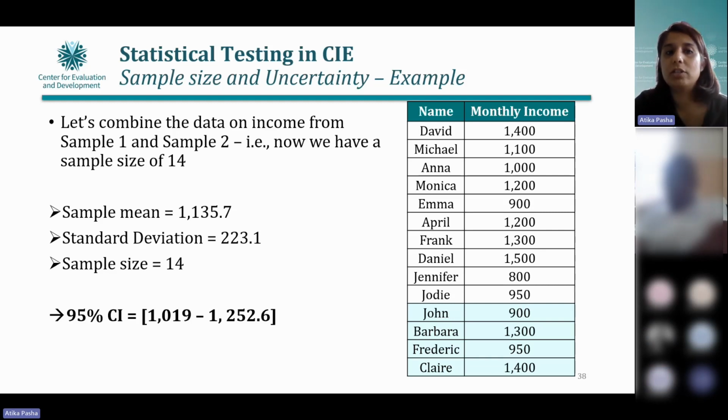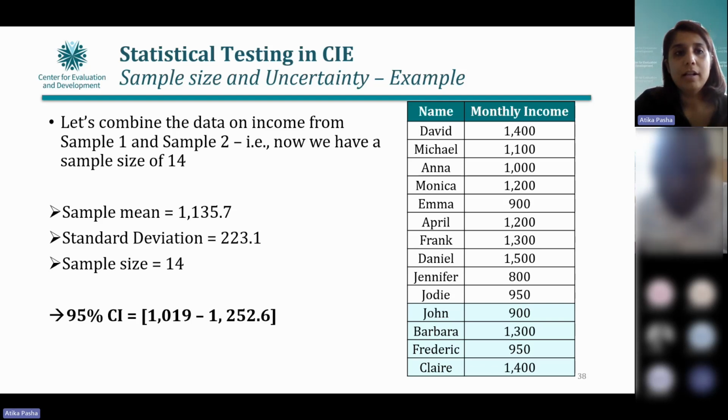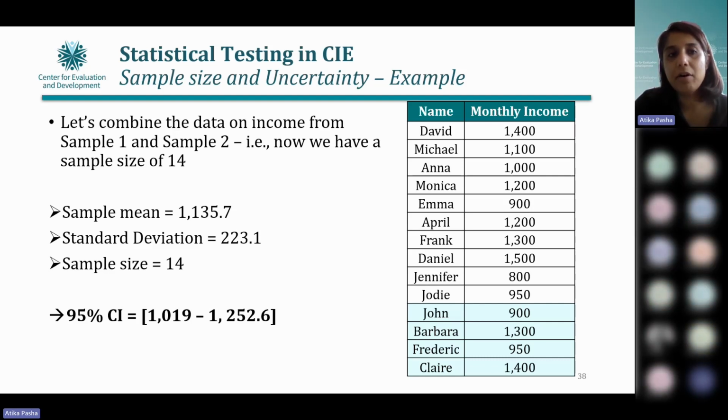Our standard deviation is 223.1, and our sample size is 14. And again, we come to the same formula. You remember the confidence interval relies on the sample mean, which is the first part of our formula, and then you subtract and add the standard error, which is simply the standard deviation divided by the square root of the sample size, right?